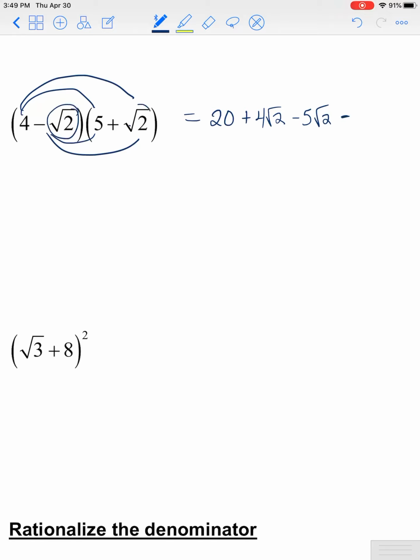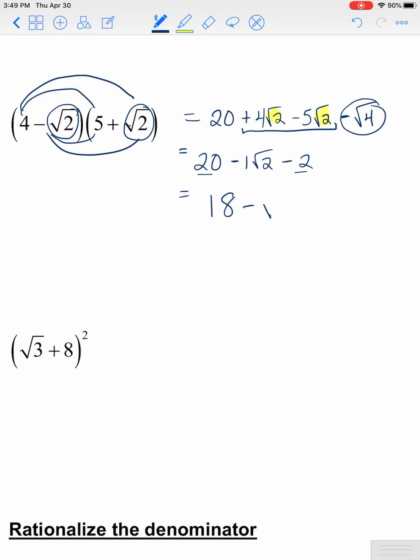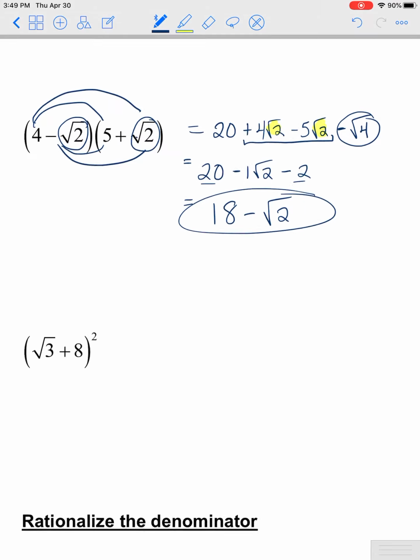Then I have minus radical 2 times radical 2. Well, that's just radical 4. So if I go through and simplify, here are my like terms, again, because they have the same radical. So 4 minus 5 is going to be a negative 1 radical 2, minus, I know that I can simplify that to 2. So my like terms are 20 minus 2. So this gets me 18 minus radical 2.